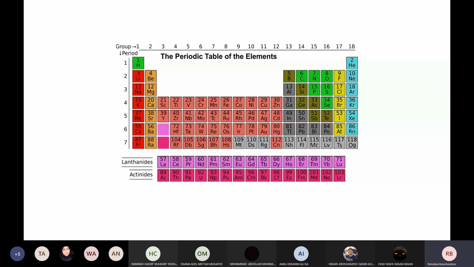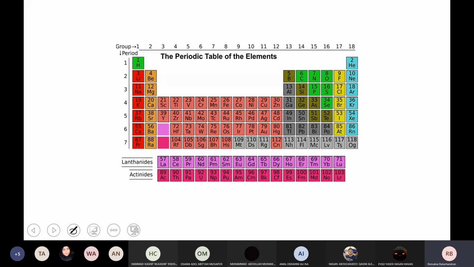In the periodic table, there are 18 vertical columns called groups, right? How many columns are there? 18. Okay, these columns are called groups.